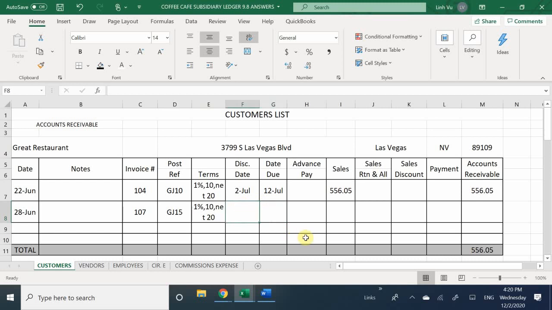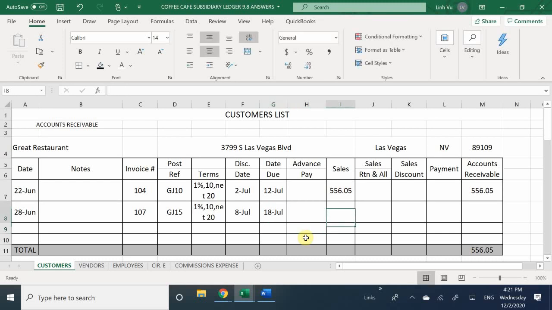Making that, let's see here. What's the date? 28th. So the 8th. Okay, 7/8. And then we say it's net 20. The 18th.